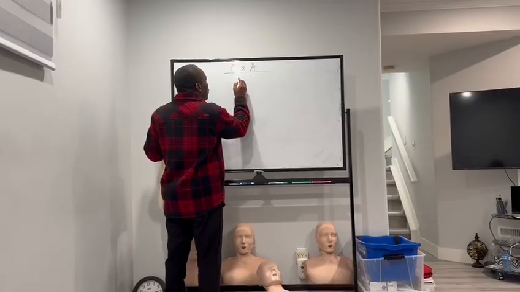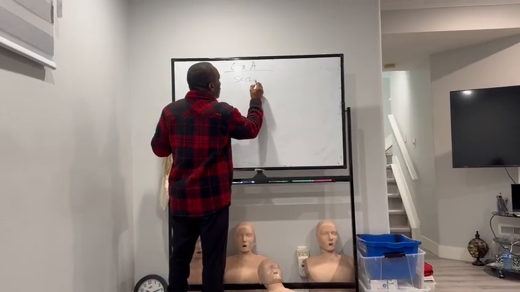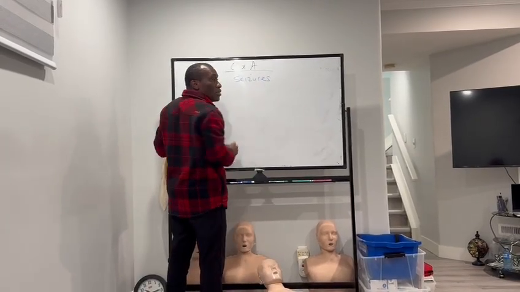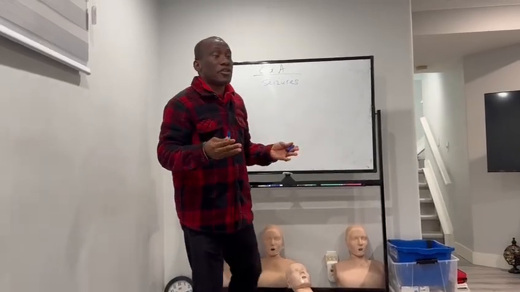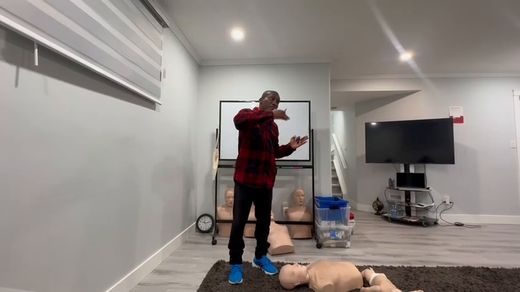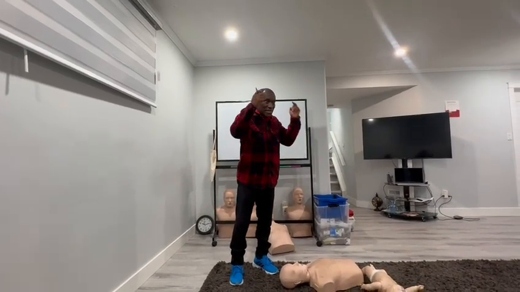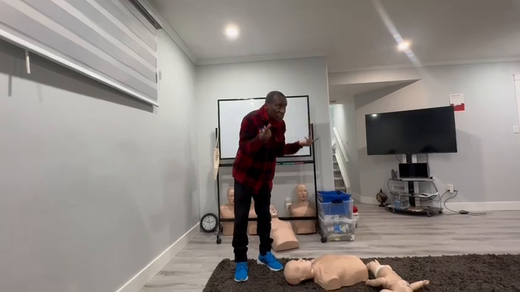Seizures is a neurological condition. Okay, seizures. Neurological. What is neurological? Origin is brain. Whenever you hear that something is neurological in nature, it means brain. The origin is brain.